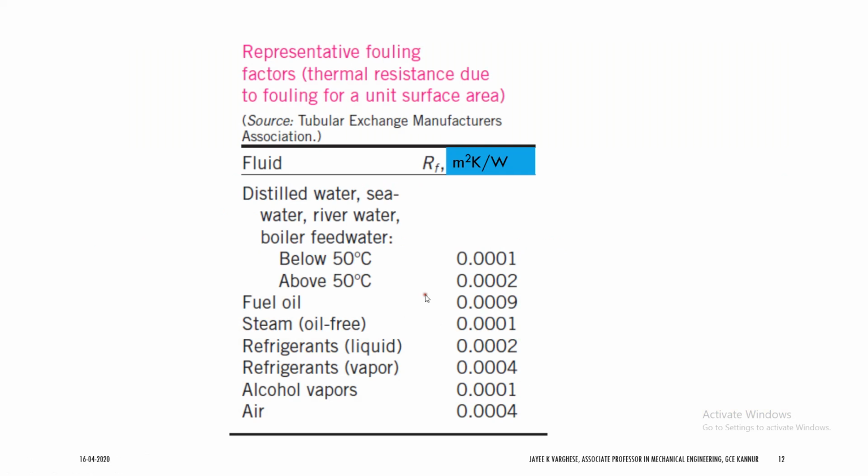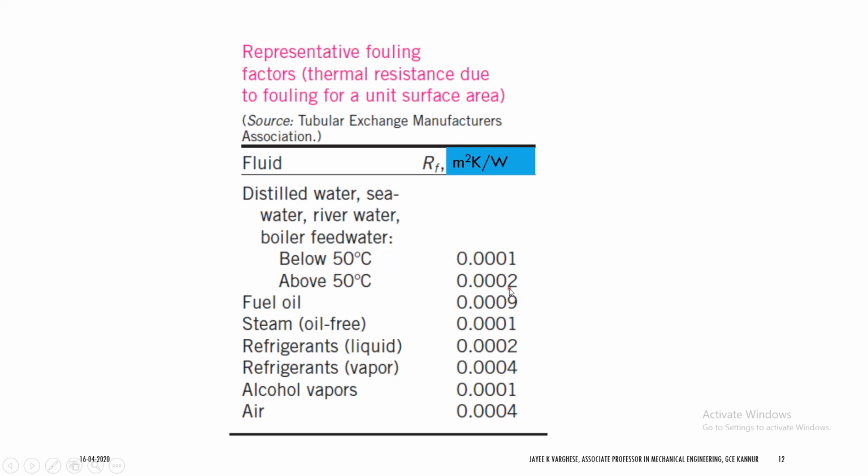So this shows the value of fouling factor in meter square Kelvin per watt for different operating conditions like distilled water, sea water, river water, boiler feed water, etc. Below 50 degrees Celsius, it can be 10 raised to minus 4.